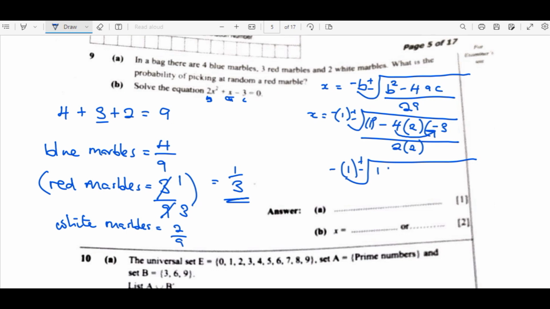Multiplying everything, 4 times 2 is 8, and then we multiply it with a 3 there. So we're going to have 24.